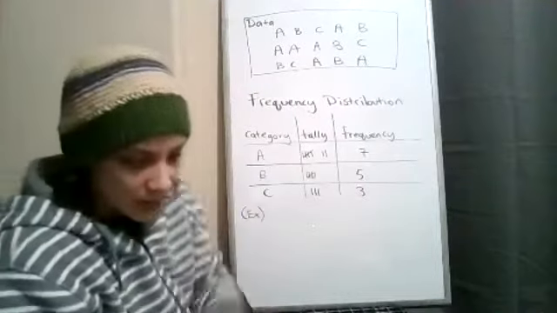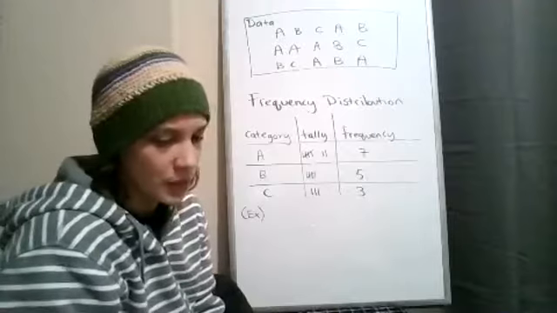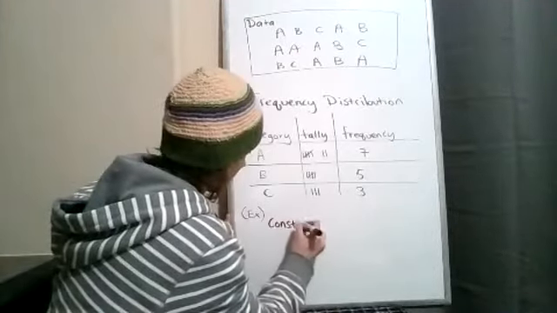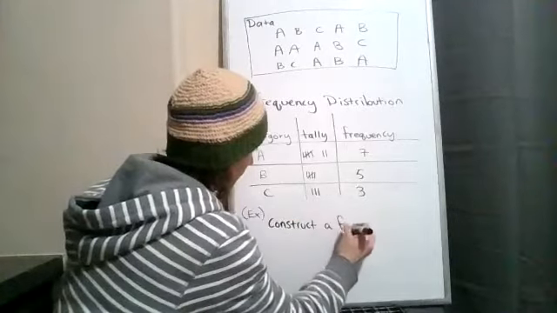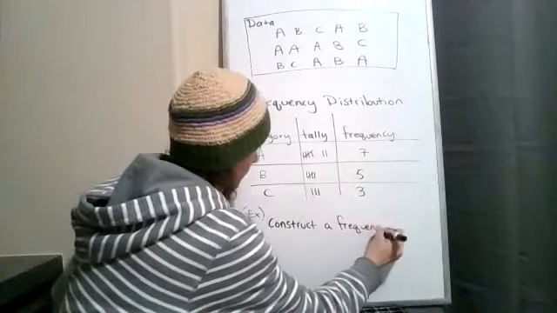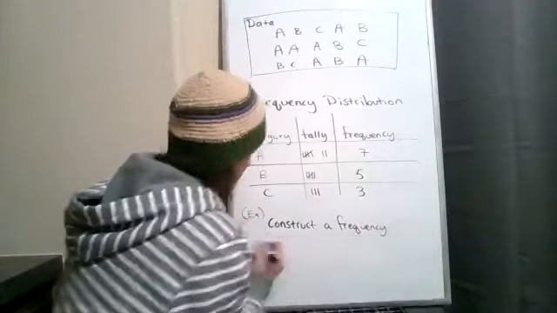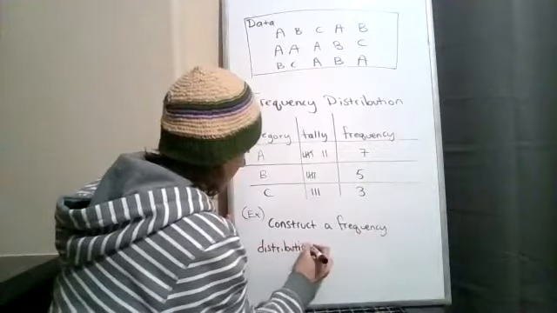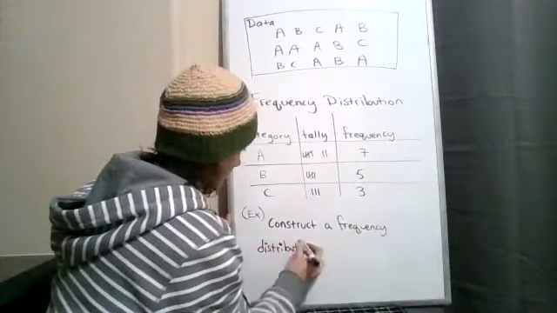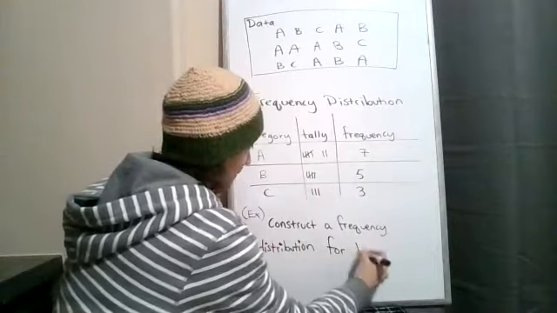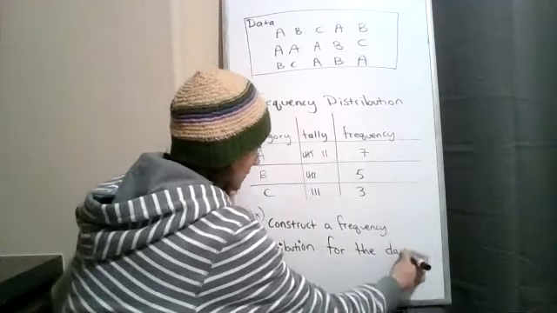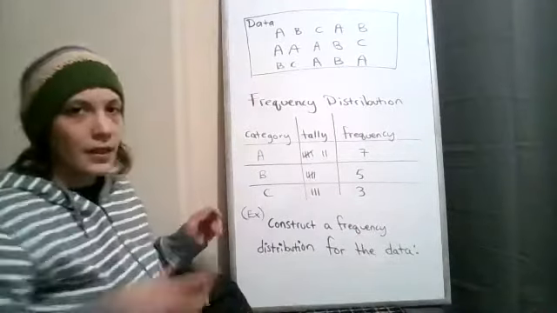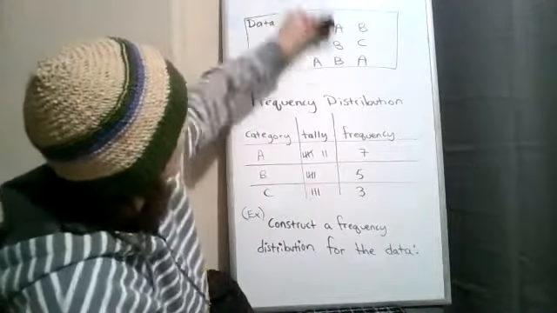New problem, we have construct a frequency distribution for the data. New table, new data values.